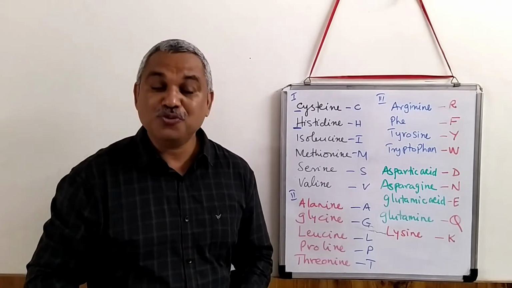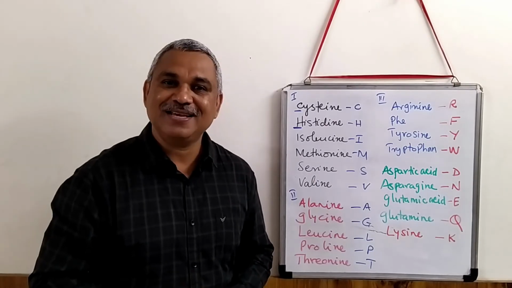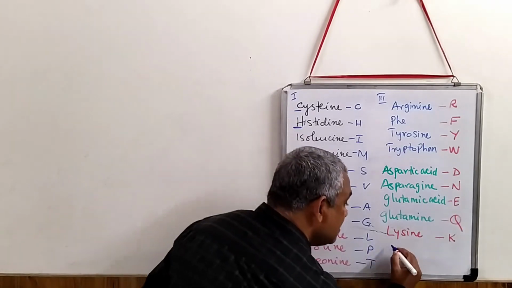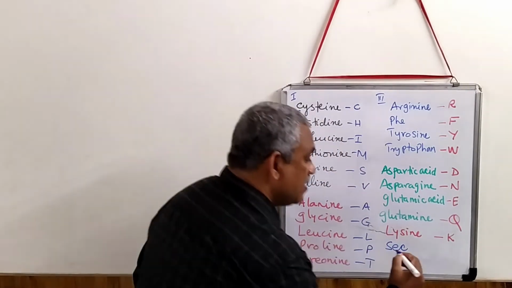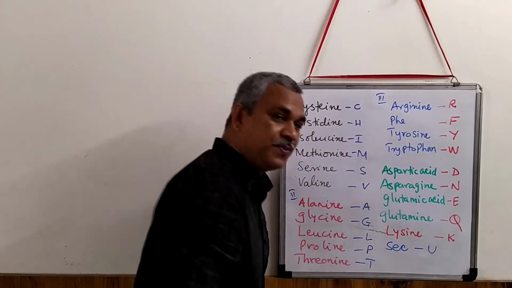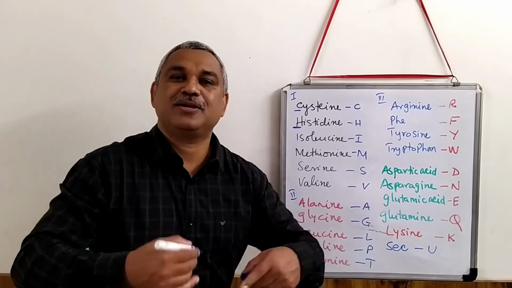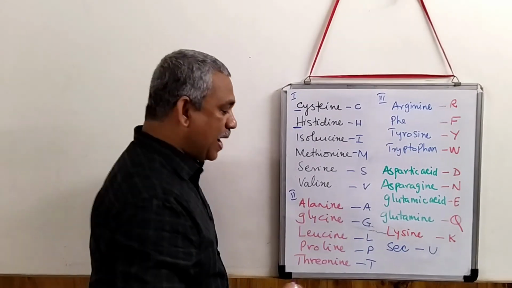Now come two new amino acids: pyrrolysine and selenocysteine. Selenocysteine is given the letter U, which is close to S, or close to S is T, which is already used, so U is given.